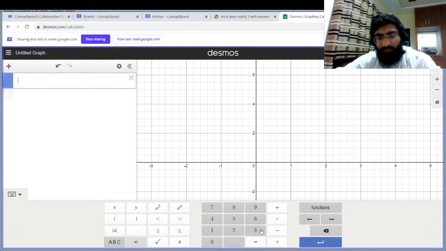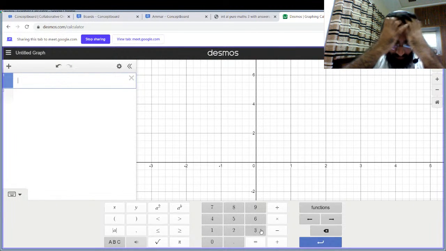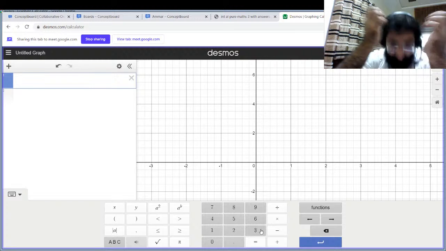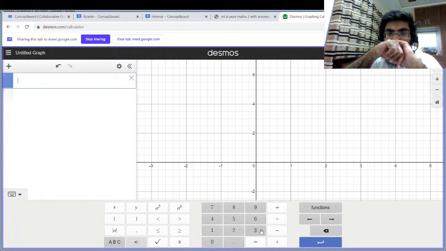How would I do it without Desmos? Without Desmos, a good way is to find values of 0, 1, and 90 degrees. So cos inverse of one, which is 0, right? And then the other one will be cos inverse of 3, which is not there.